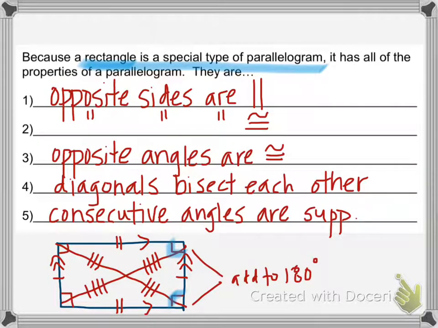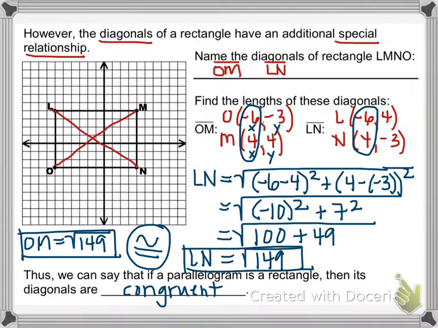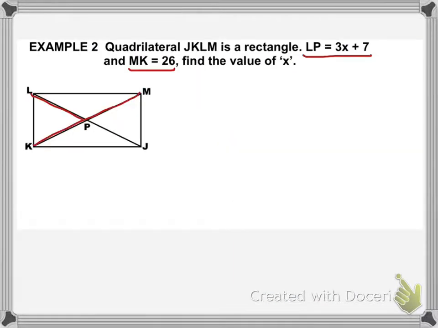Because the diagonals are congruent, I really should have the same amount of tick marks in all four halves of our diagonal. So this one, this one, this one, and this one all have the same length. Two halves equal the whole. So let's go back here. That LP is half of the whole diagonal, which is 26.